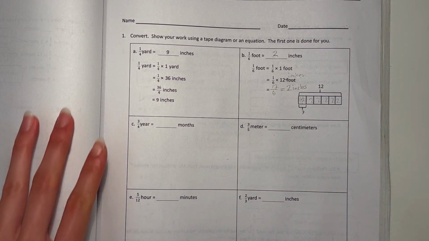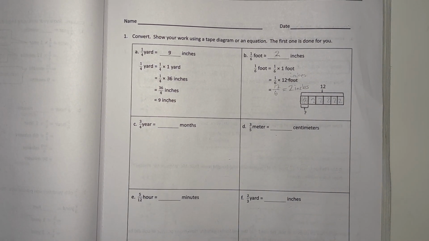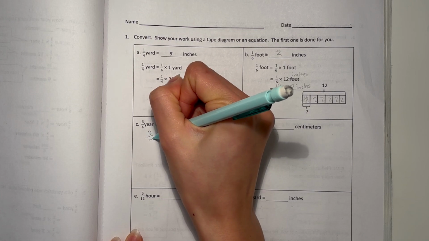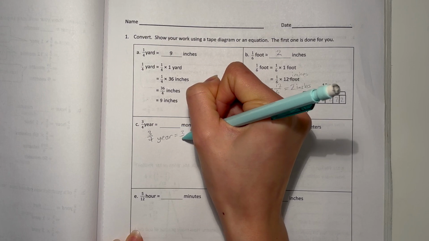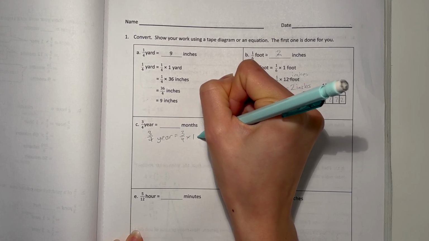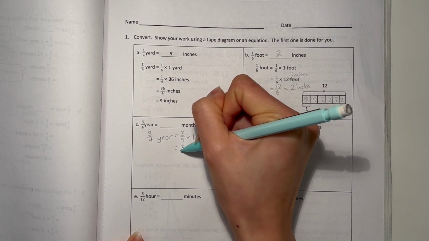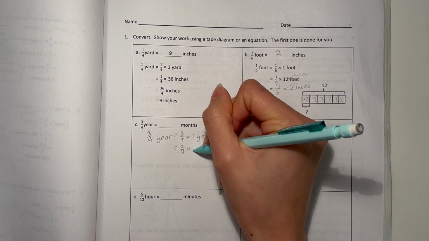Okay. C, 3/4 year equals blank months. 3/4 year is equal to 3/4 times 1 year. That's equal to 3/4 times, how many months are in a year? 12.